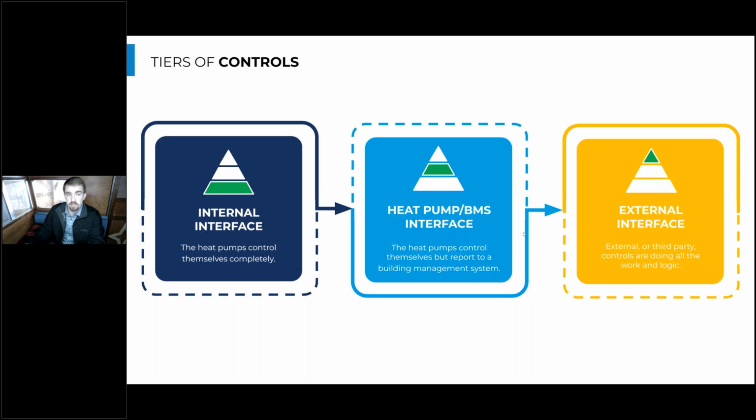There's also an option where the heat pump runs itself mainly, but it also reports to an external system like a BMS that's already installed in the building and is sending values to the maintenance crew. While the external interface means an external controller that is not a part of the heat pump water heater itself is telling the heat pump and other components in the system exactly what to do.